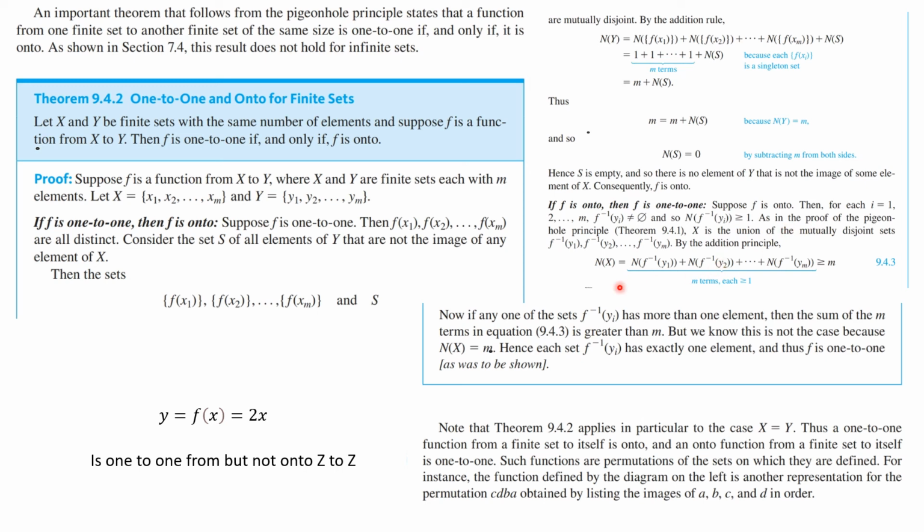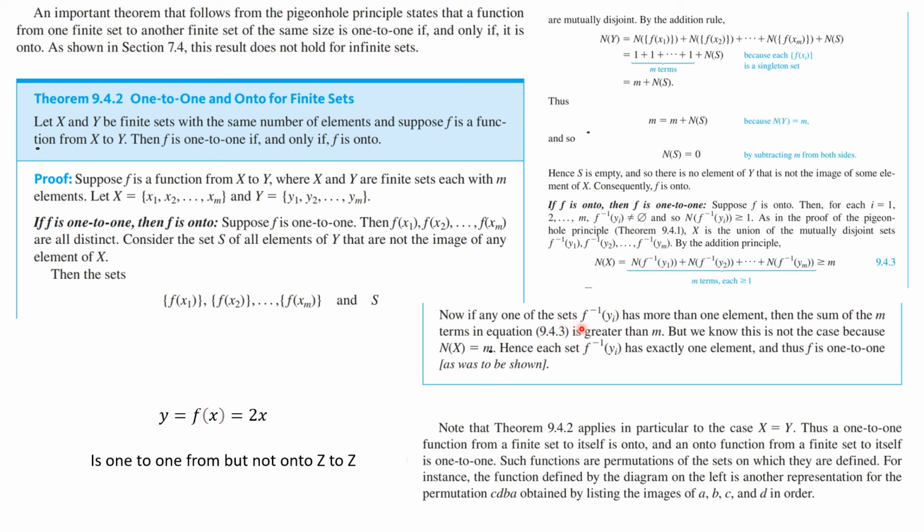As in the proof of the Pigeonhole Principle, X is the union of the mutually disjoint sets f inverse of y1, f inverse of y2, all the way through f inverse of ym. By the addition principle, the number in X is the sum of these, which is bigger than or equal to m.